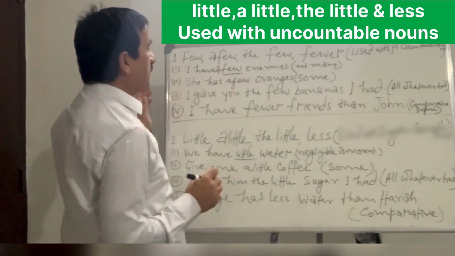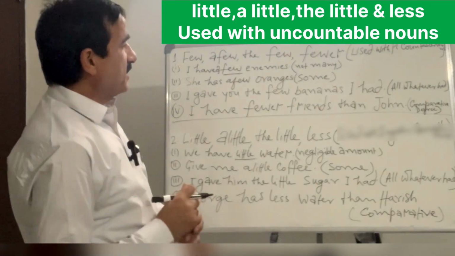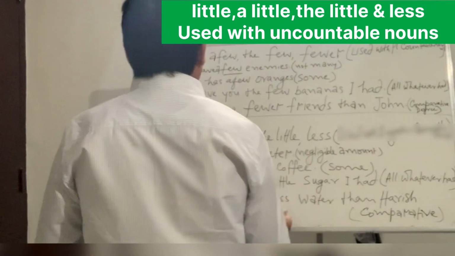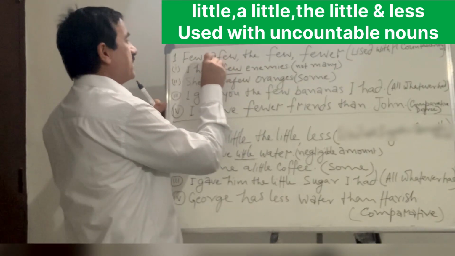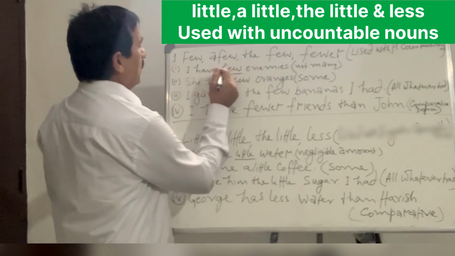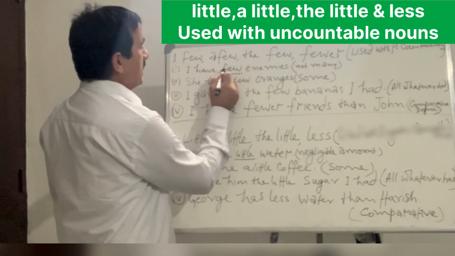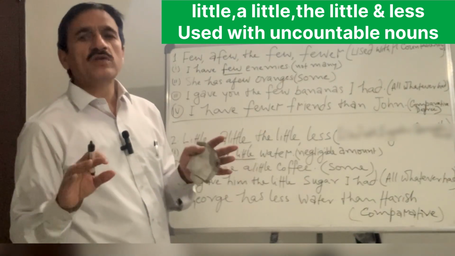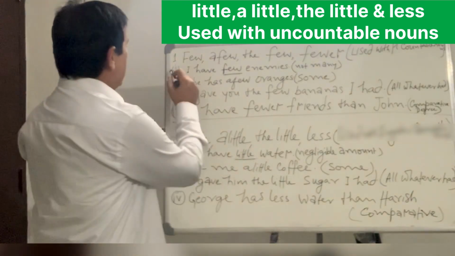This is a few enemies. So this is few, not a few. Few enemies means I have almost no enemies. This is done.